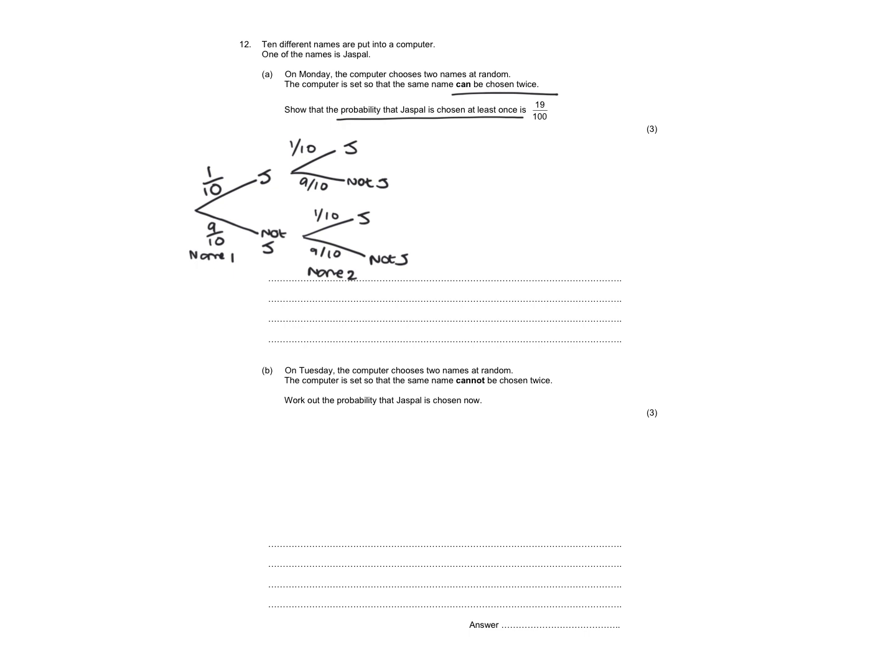Now, we're looking for the probability that Jaspal is chosen at least once. So that means he could be chosen twice, he could be chosen first and then not chosen, or he might not be chosen as the first name, but then he's chosen as the second name here.